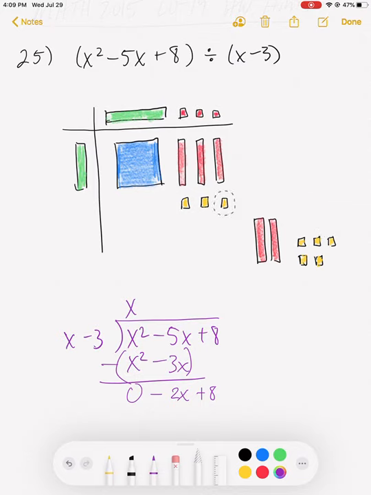So there's 3 of these, in the x minus 3, there's 3 units in that column. So I'm arranging them into groups of 3 right here. And there's 2 left over, so those ones can't fit into that group of 3.